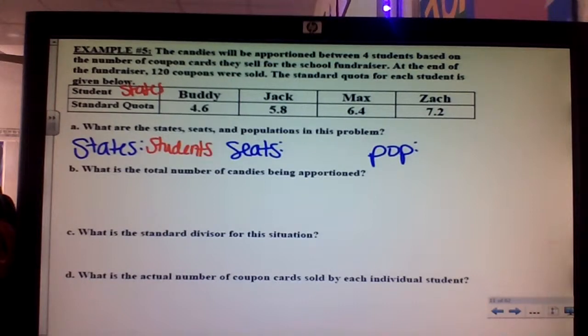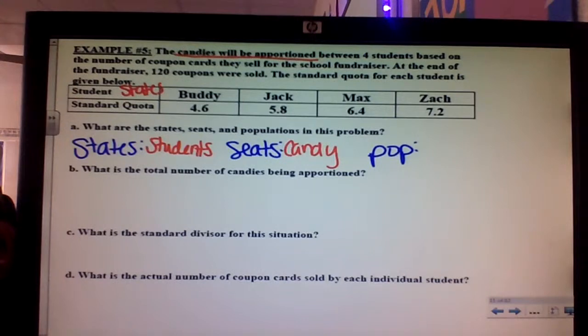What are we giving the students? Candy. Okay, your candies will be apportioned. So that is what I'm giving away. Pay attention to those words.